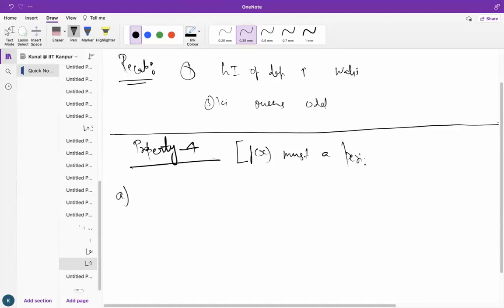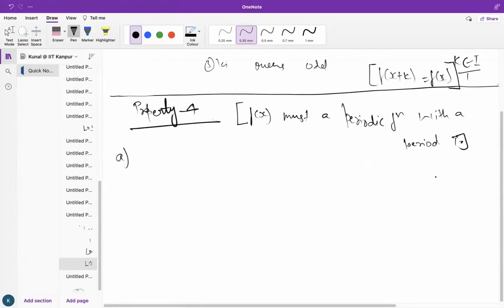A periodic function means f(x + k) = f(x) for some k, where k is the period. So f(x) must be a periodic function with period T. We are assuming that its period is T. So this is the condition.